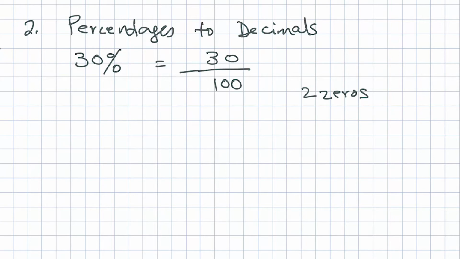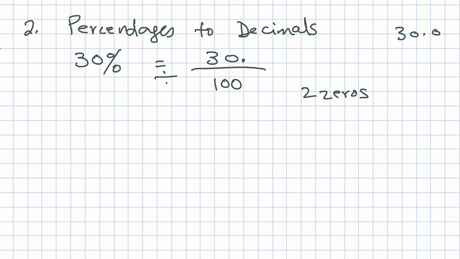Now look, what are we doing here? We are dividing. So whenever you are dividing, we move the decimal place to the left. Now you must be thinking there's no decimal point in 30. But look, every whole number has an invisible decimal place, because every whole number can be written as 30.00.